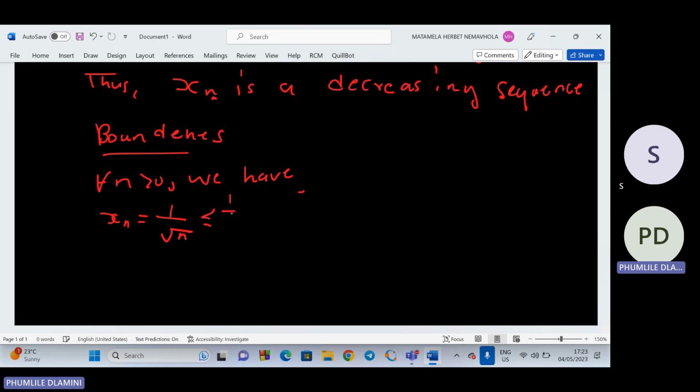We can decide to substitute 1 in this square root of 1, which is equal to 1. It gave us 1.